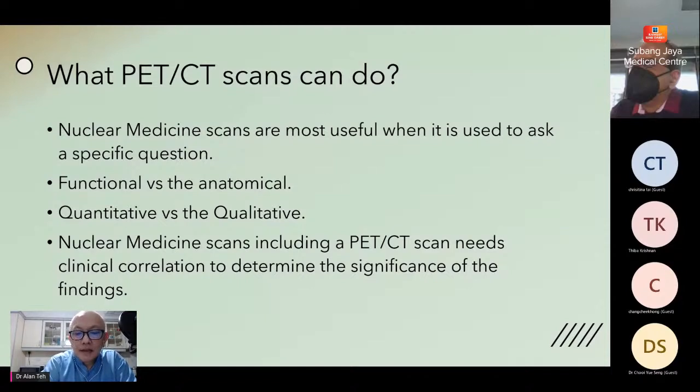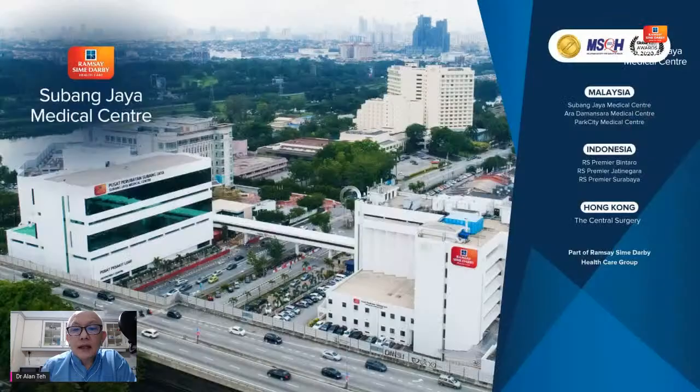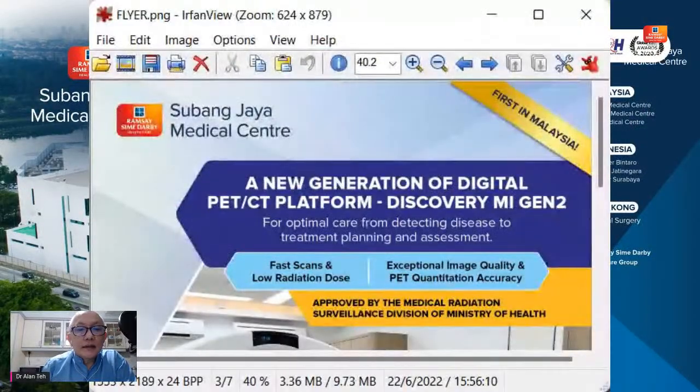Before I give you the QR code for the CPD points, I've been asked to show this. Hang on a second. This flyer, have I got the right one?